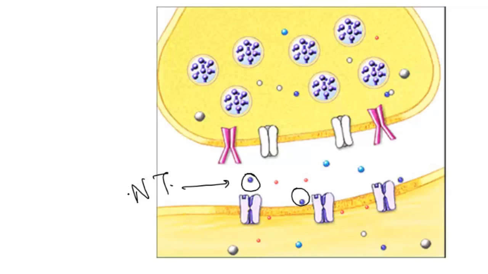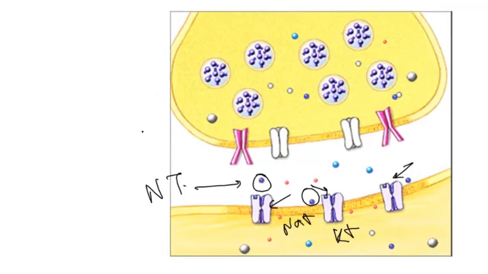There are multiple receptors for each neurotransmitter present on the surface of this postsynaptic neuron. Each of these receptors activates a different set of ion channels. Some of the receptors may activate sodium channels, some of them may activate potassium channels. Now depending upon which type of ion channel it opens, the response varies.